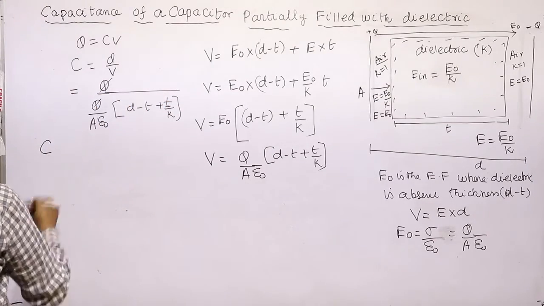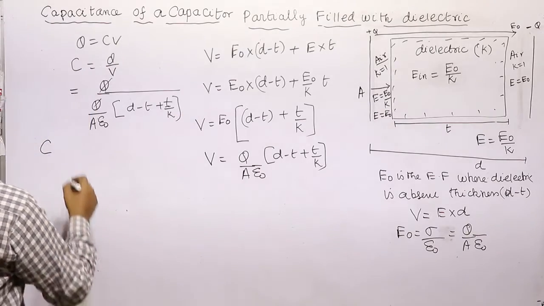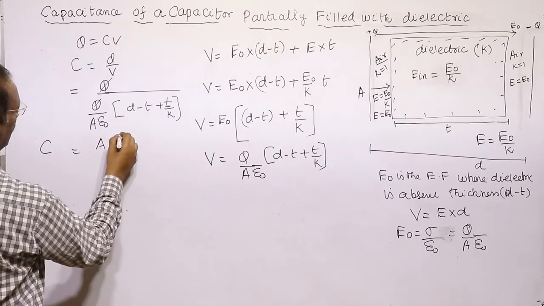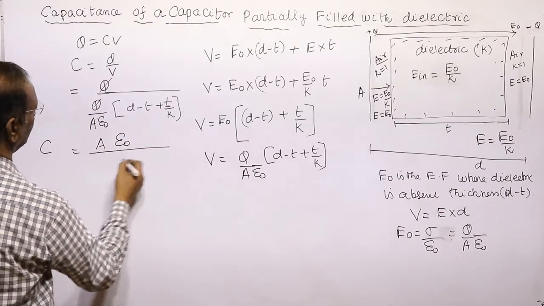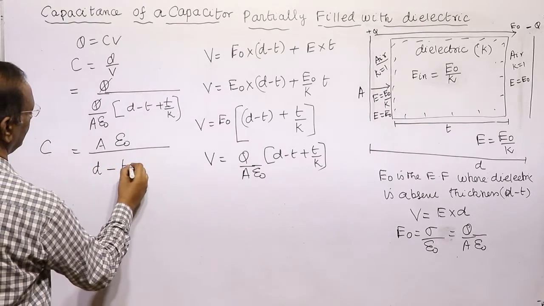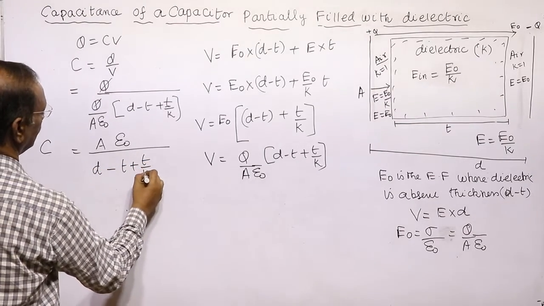Therefore, the capacitance for this entire thing is equal to A epsilon naught divided by D minus T plus T by K.